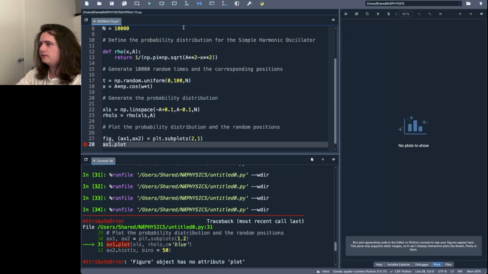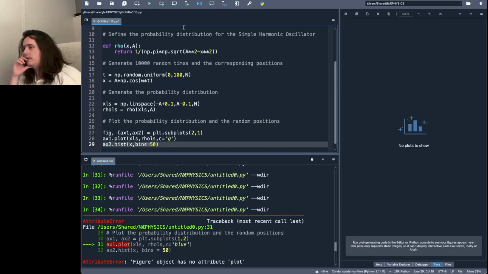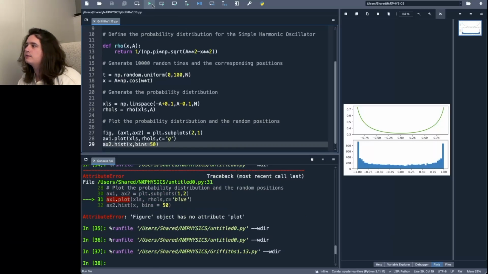It'll be a line plot of our probability distribution. Let's make it blue. Actually, let's make it green. And then let's do a histogram of our random positions, with roughly 50 bins. That should be fine, and so let's make those plots.